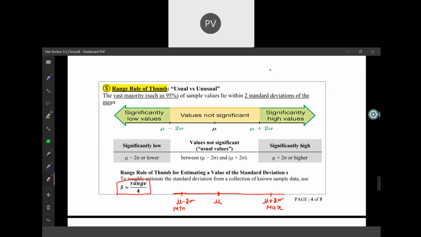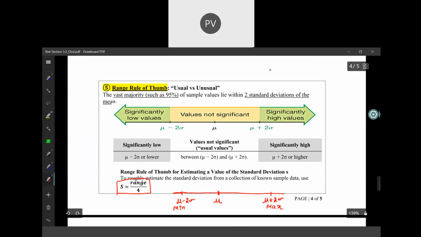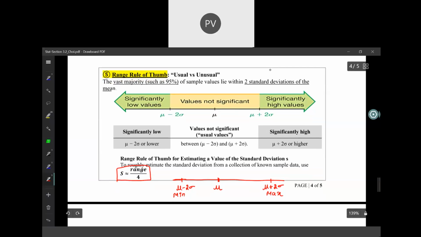Range rule of thumb states that we have a mu here. If that lies within the 2 standard deviation of the mean, then this will be called the minimum value of a data set, and this is the maximum value of the data set.